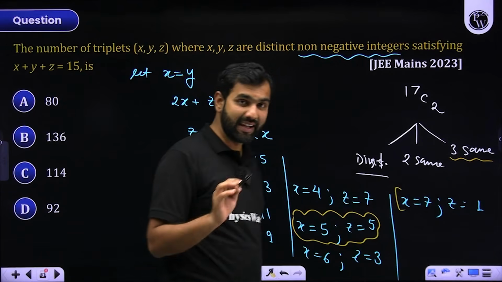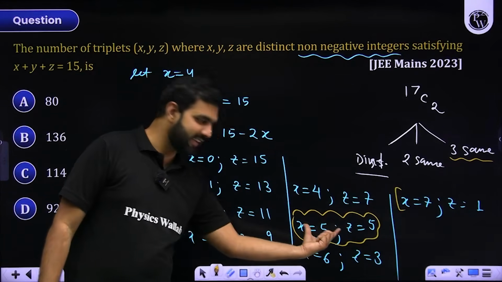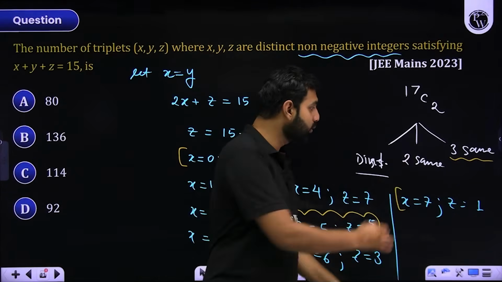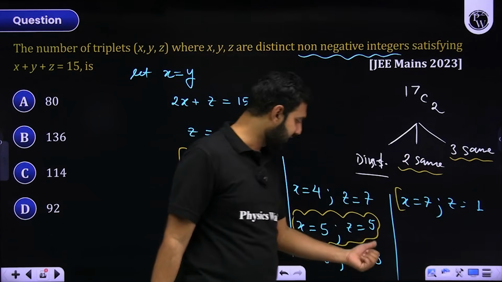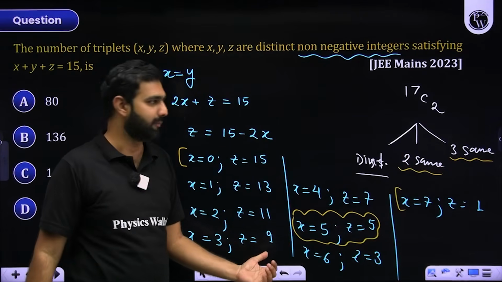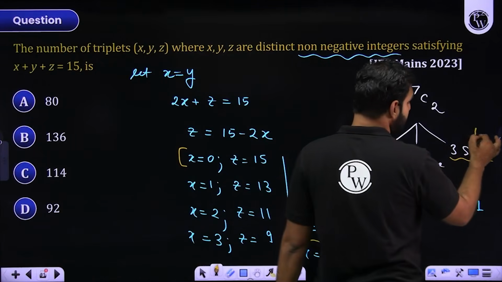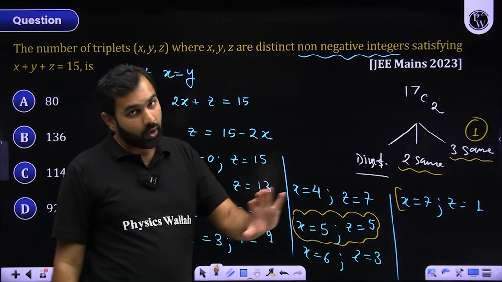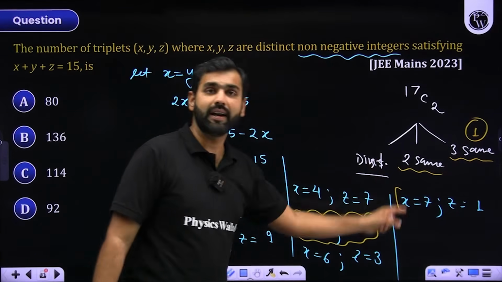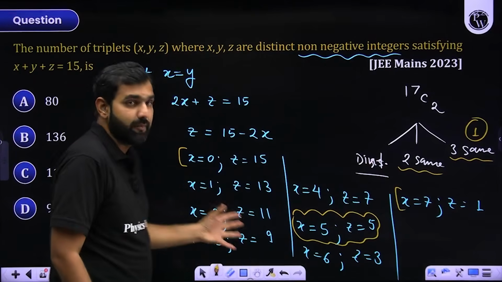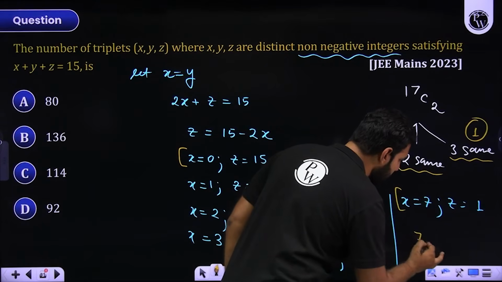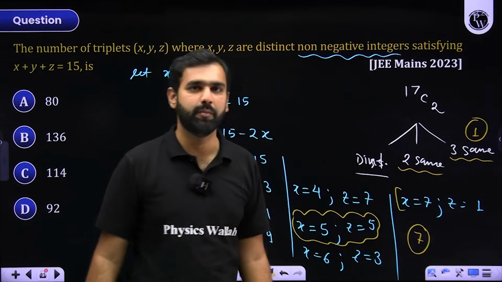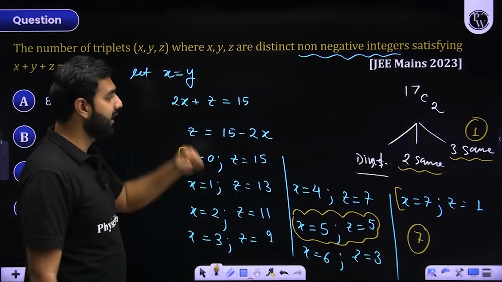So we had total 8 cases. But out of those 8 cases, this is the case which does not belong to the case of 2 being same, because this is the case of all three of them same. So all 3 of them could be same. That is the one case, which is 5, 5, 5. That I'll talk about later. But if 2 are kept same, it has 7 possibilities. But please understand, it has 7 possibilities when I kept x and y equal.